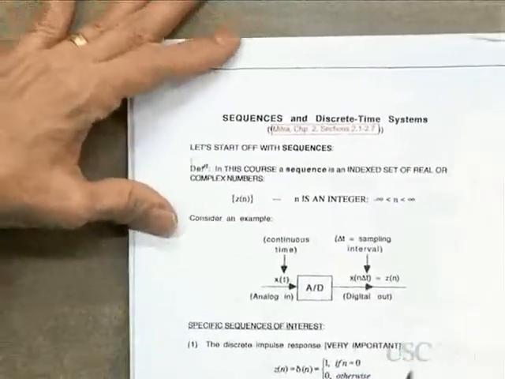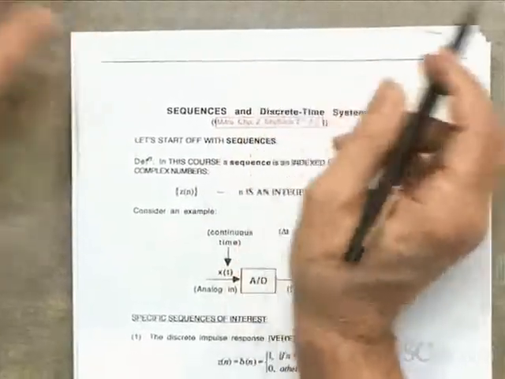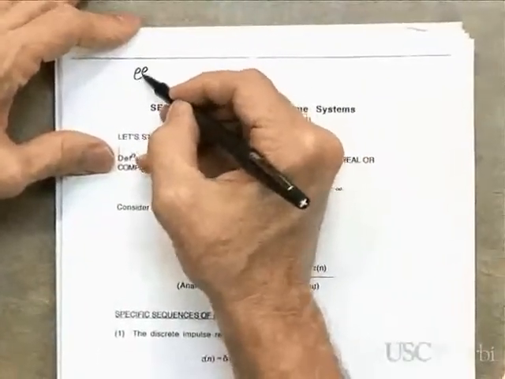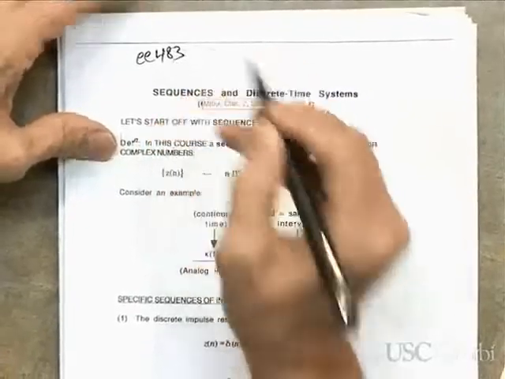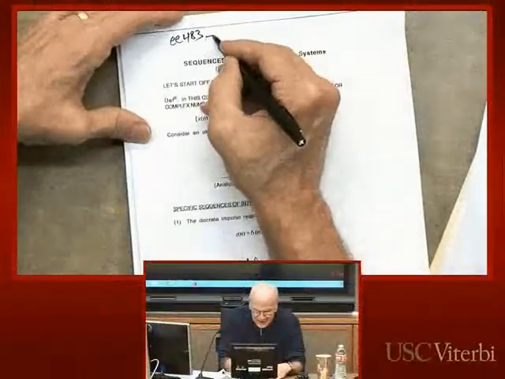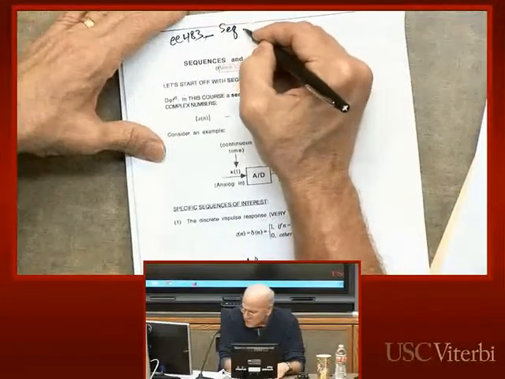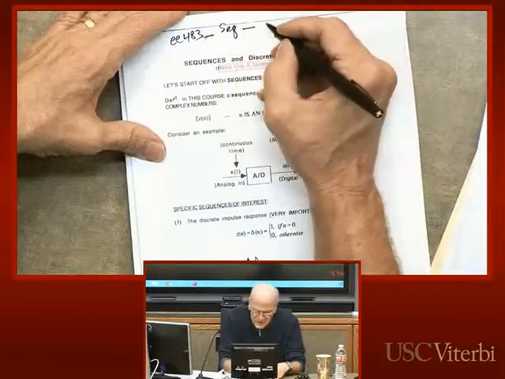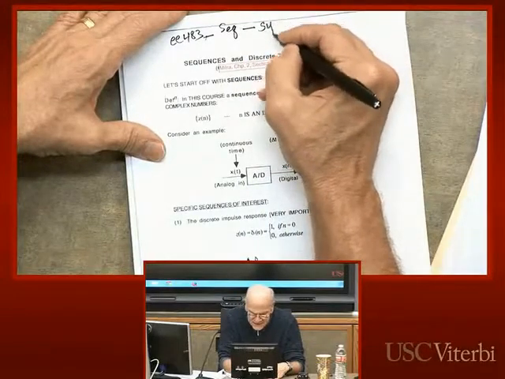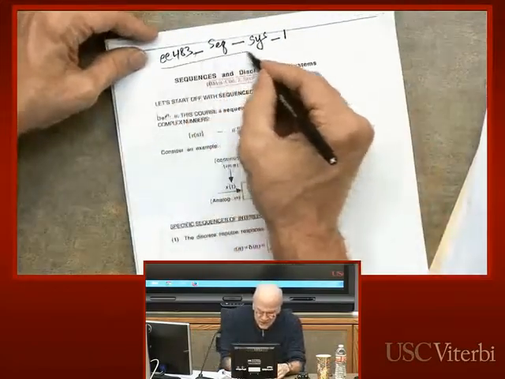Anyway, if you look on Blackboard under course content, you will see the first set of notes. There are two sets of notes that I posted. I'll probably talk about both tonight, or today, or whatever time you're watching this. There's a set of notes, EE483 sequence systems_1.